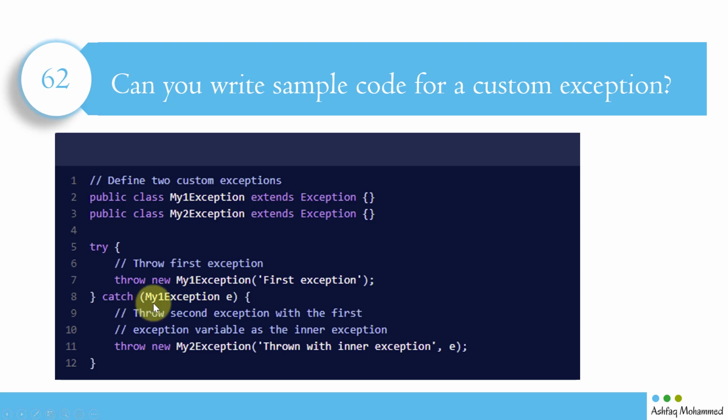But in this example, we catch MyOneException and then throw another exception in the inner exception area. So this is how we use throw, to create our own exceptions for my particular business problem or any other problem also.